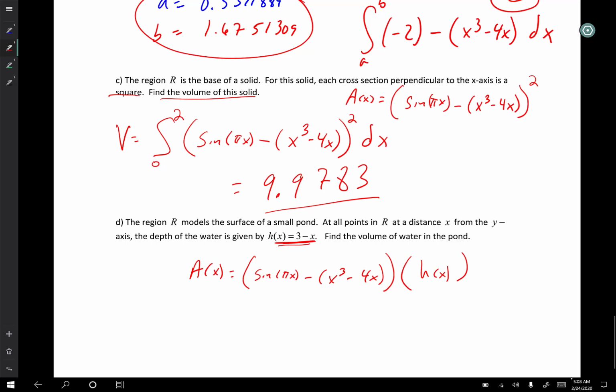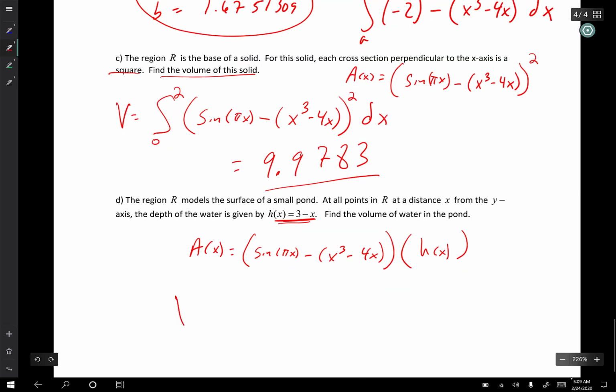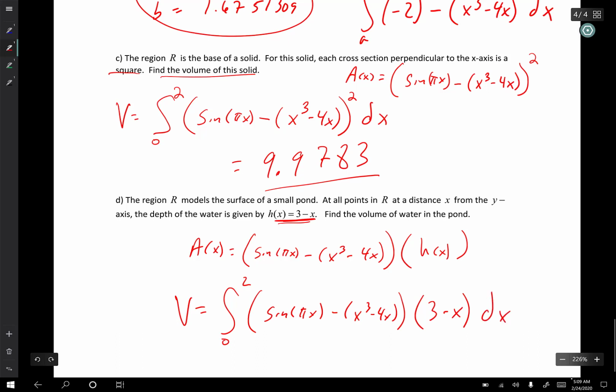There's my area cross section. So now I'm going to put volume equals the integral from 0 to 2 of all this, sine pi x minus x cubed minus 4x. And they probably want me to write 3 minus x instead of h of x, although I don't think they'd take a penalty if you were to write h of x. I think that would be fine.